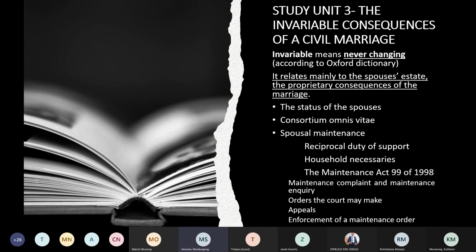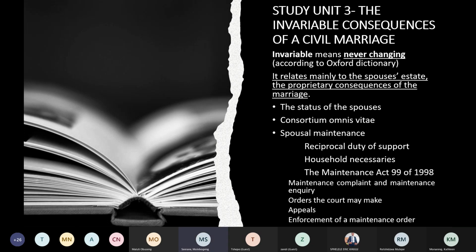The orders of the court may be made for the payment of the maintenance to the person who is entitled to the maintenance. So note that one can also appeal a maintenance order. When one decides to appeal a maintenance order, you can appeal against it, and the appeal is brought to the High Court.